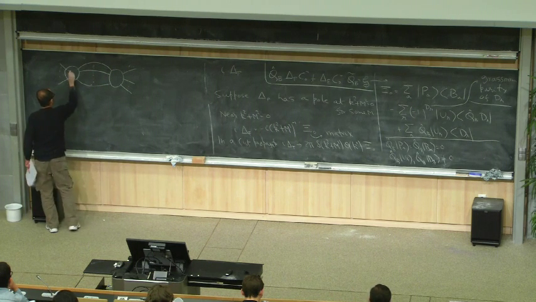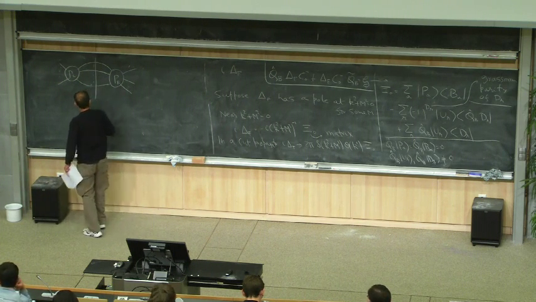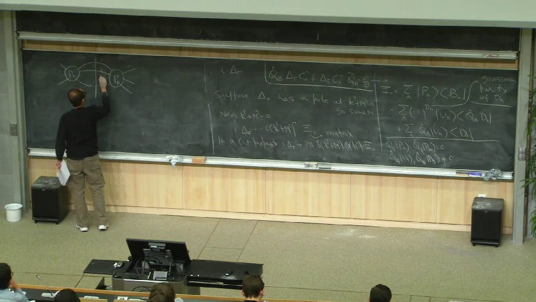Let us call this gamma L, let us call this gamma R. And we have cut, this runs from 1 to n.